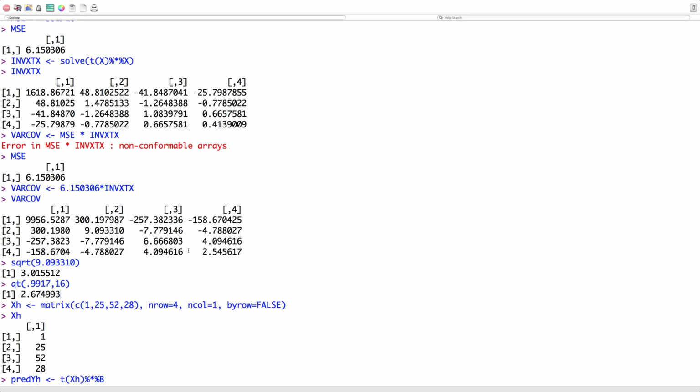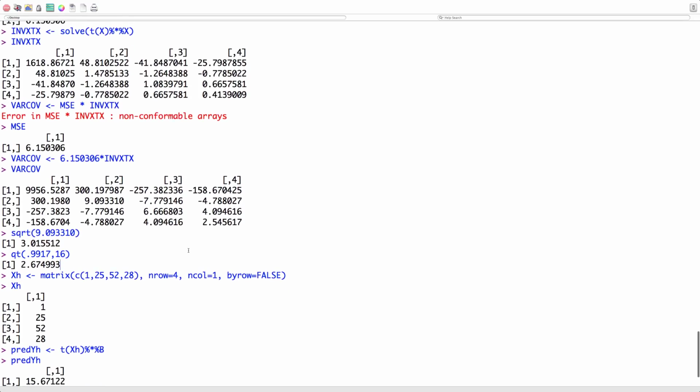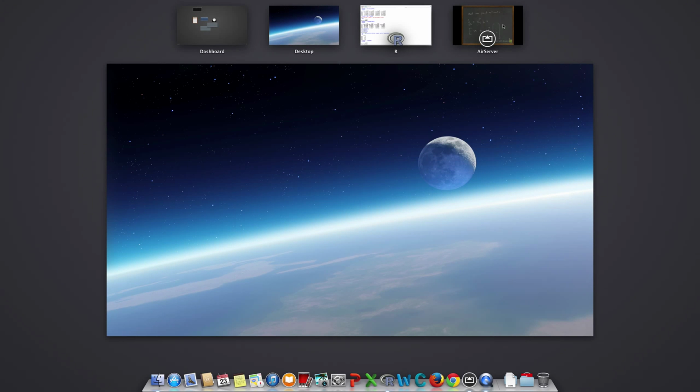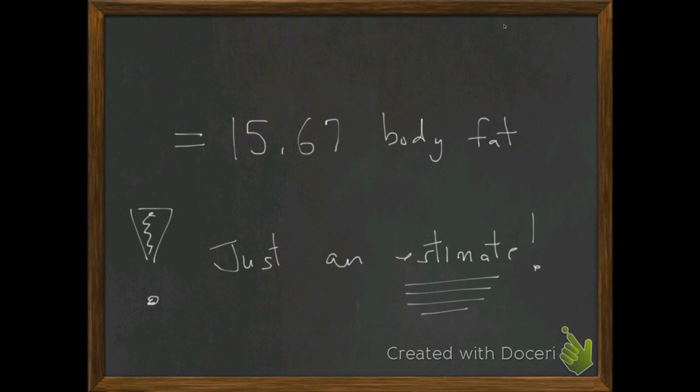Those calculations should be pretty clear, and then I just called up the value. So my predicted body fat for a woman of this profile, that's this specific tricep, specific level measurement of thigh, and so on and so forth, is 15.67.